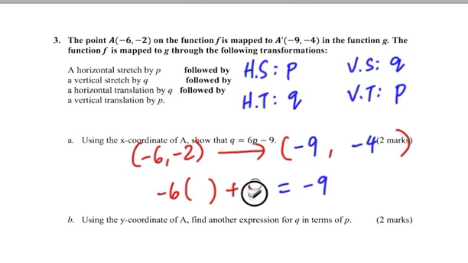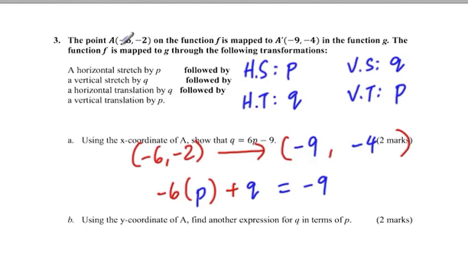So we're going to replace this. So basically what I do is I take the -6 multiplied by P and then add Q. So that's what I'm going to do here. So it's -6 multiplied by P plus Q. And it's going to equal -9. So this -6, I'm going to do something to it such that it ends up at -9. So what am I going to do to it?